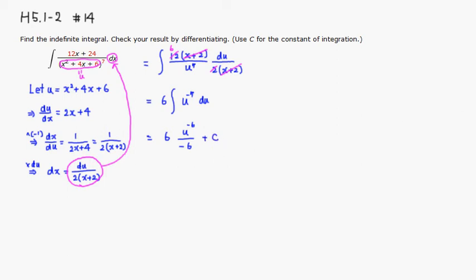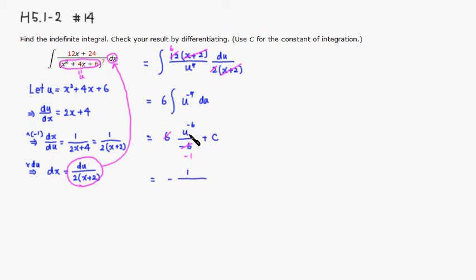Luckily we can cancel 6 and negative 6. You have negative 1 left over on the bottom, which means this is going to be equal to a negative sign and 1 over, because it's a negative power.